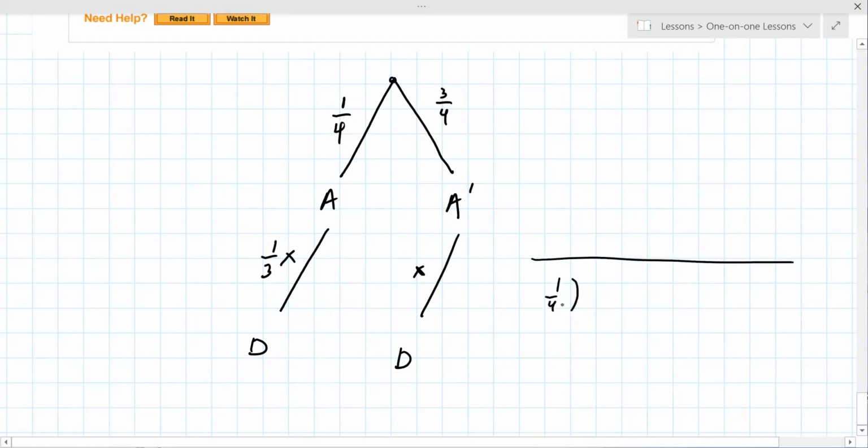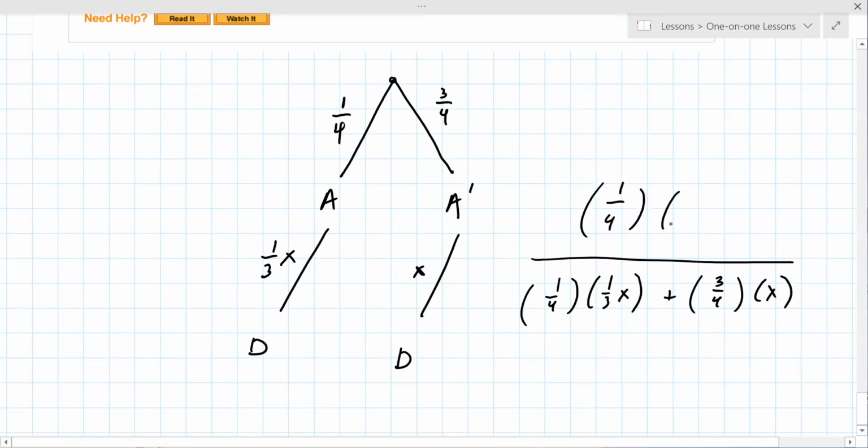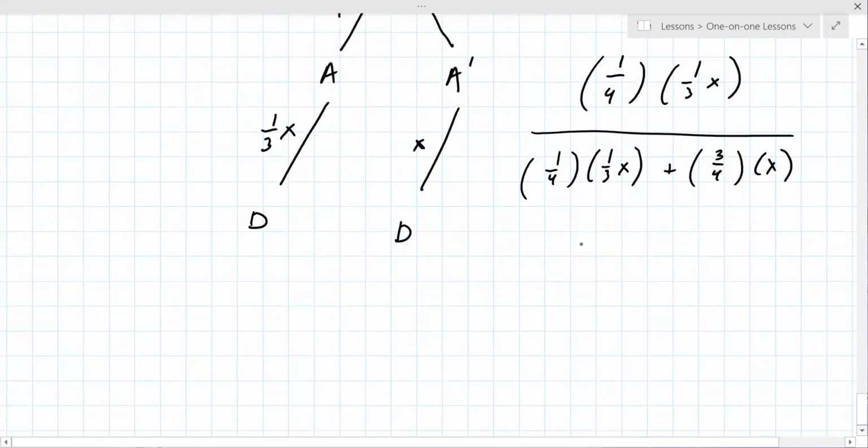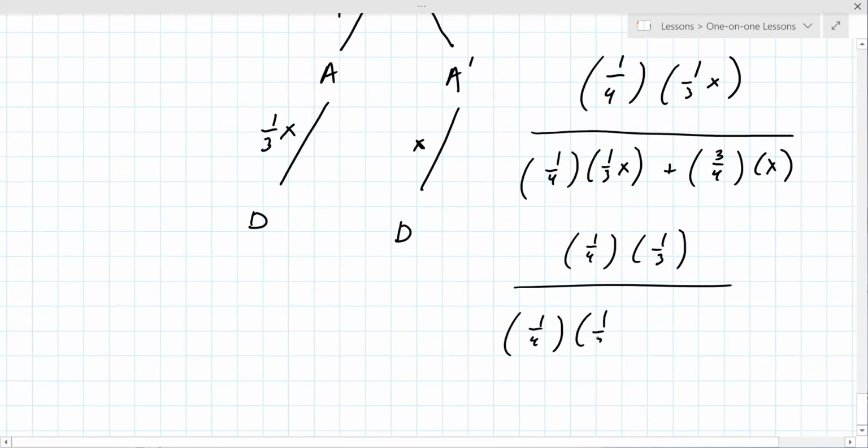So it's 1/4 times 1/3 x plus 3/4 times x. And then which path do we care about? Well, we care about the one that says whether they're active. So this one on the left here, 1/4 times 1/3 x. Since they all have an x, the x's cancel. So you have 1/4 times 1/3 over 1/4 times 1/3 plus 3/4.